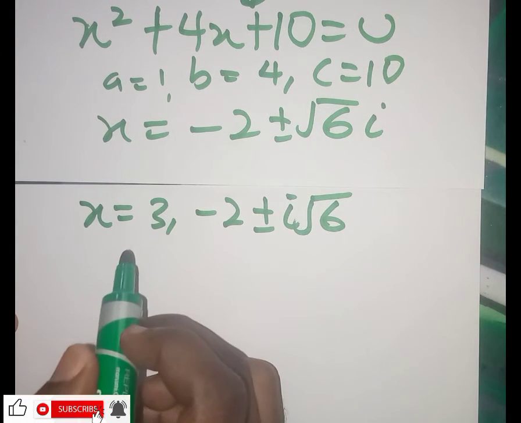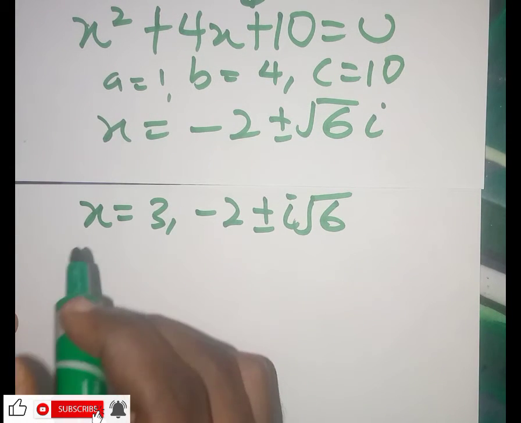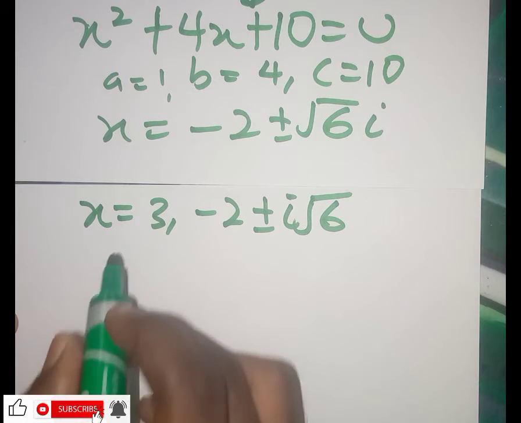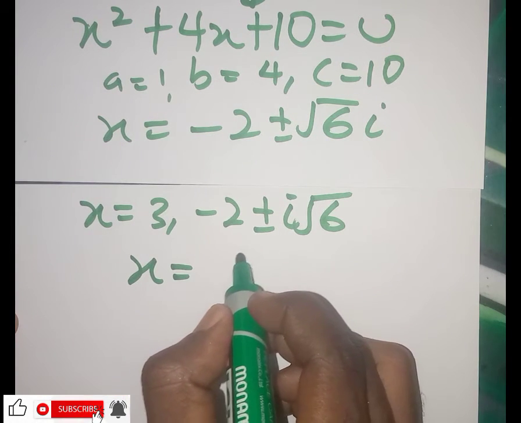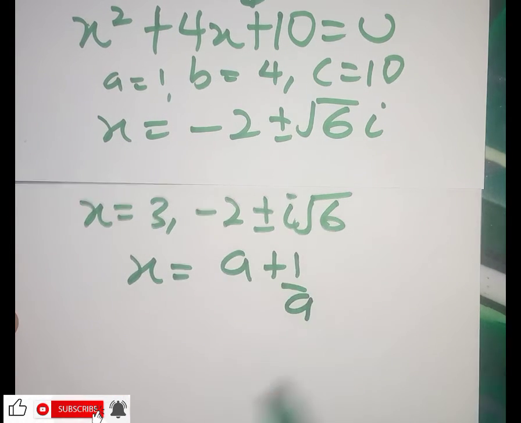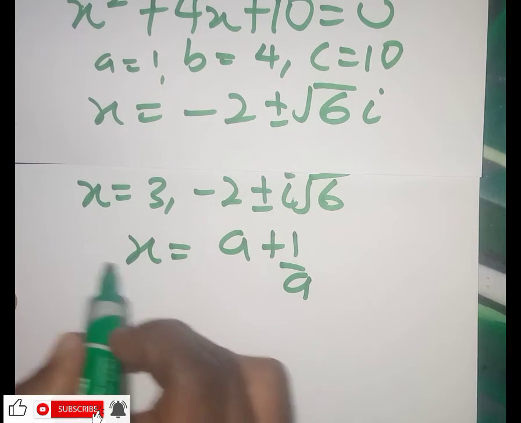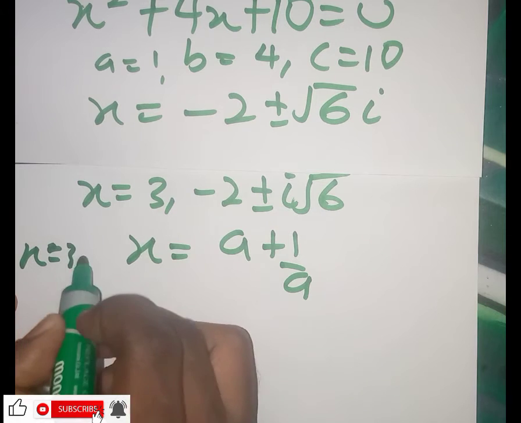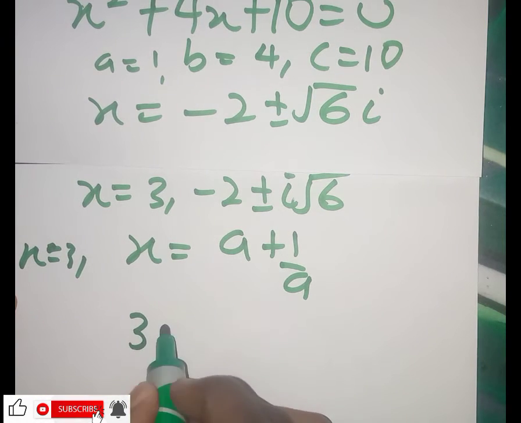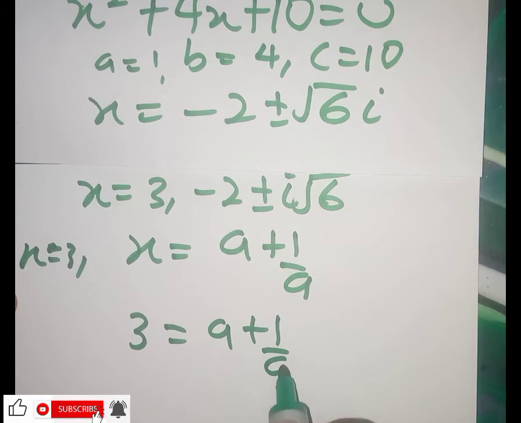Now if that is the case, remember we said that we should let s equal a plus 1 over a, right? We set s to be that from equation 1. So if s here is equal to 3, then we have 3 equal to a plus 1 over a.